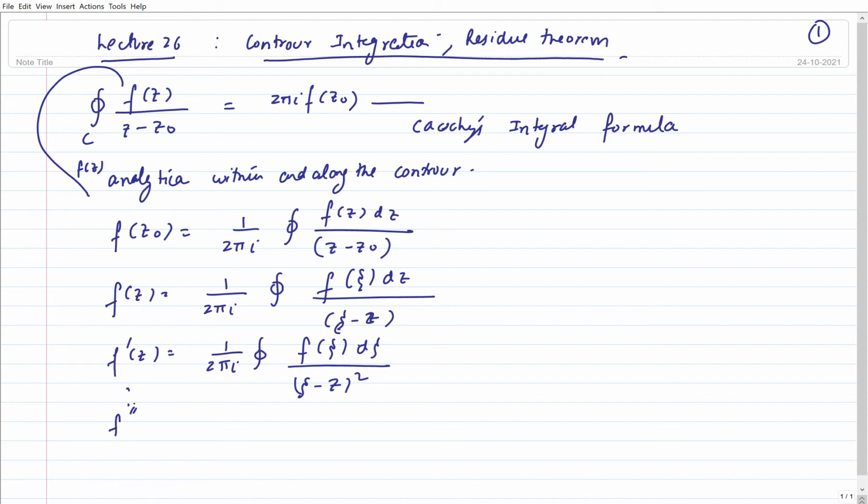I'll just take the nth derivative, and this is the contour.